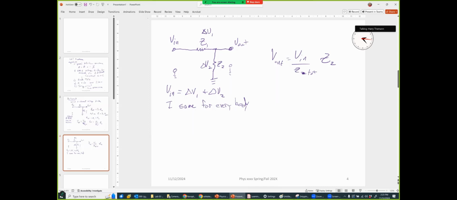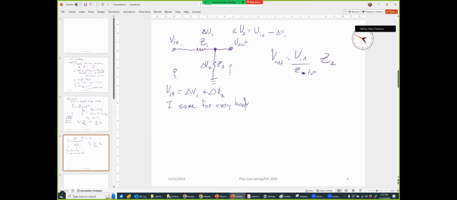And we see that there's going to be a voltage drop across Z1. And so V out is, of course, at this point, because remember, wires don't have any resistance. So you could say that V2 is equal to V in minus delta V1. But that's just sort of chasing our own tail.